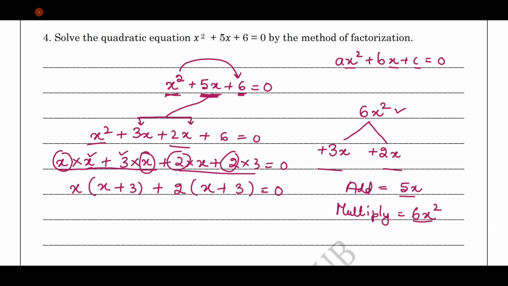Now, in this whole expression, what is common? See here, x plus 3 is common. This will be the same for all the problems. You get a common term, and you should take it out. If you take x plus 3 out, what is remaining? x plus 2. x plus 3 times x plus 2 equals 0.